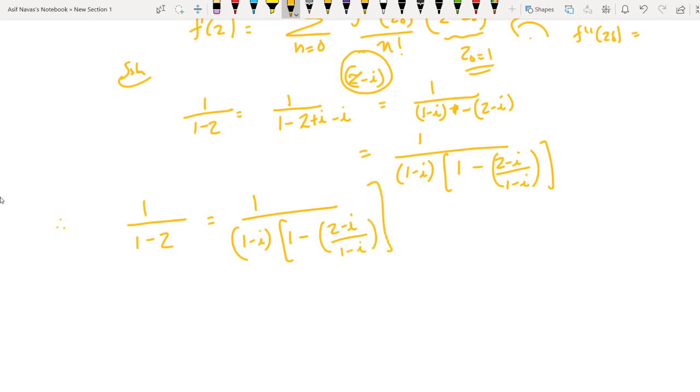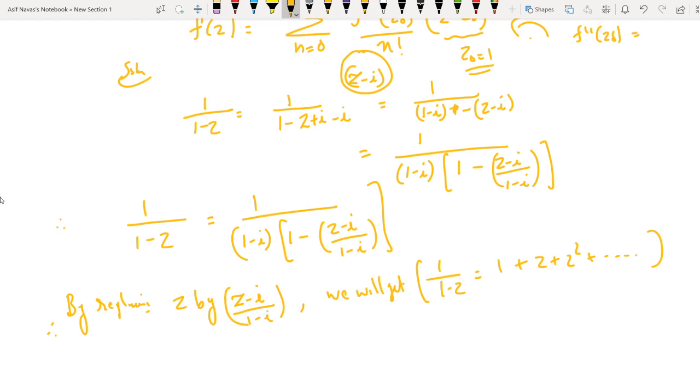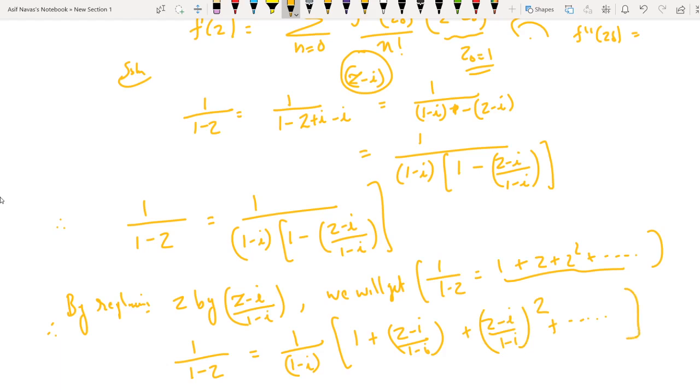Now we already know that the expansion of 1 by 1 minus z is equal to 1 plus z plus z square plus etc. Now therefore, replacing z by z minus I divided by 1 minus I, we will get 1 by 1 minus z is equal to, I am taking 1 by 1 minus I into 1 plus z minus I divided by 1 minus I plus z minus I divided by 1 minus I all square plus etc. So this will be the Taylor series.